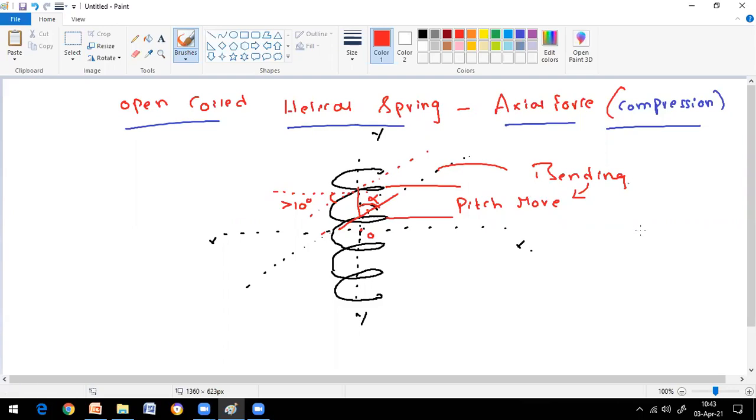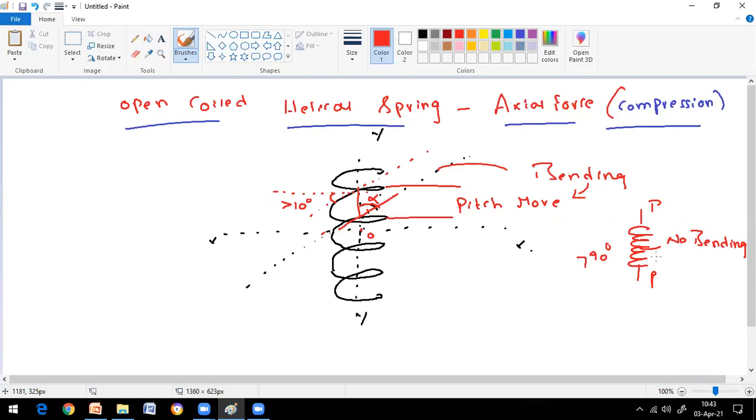Why? Because if you take any closed coil helical spring, when it is subjected to any kind of load, it won't bend. No bending takes place. Why? Because the angle between the vertical axis and the axis of the spring will always be very less, almost 90 degrees, so there is no chance of bending.